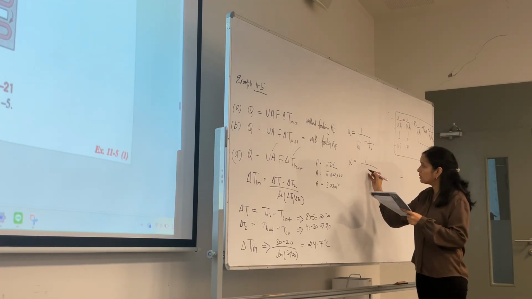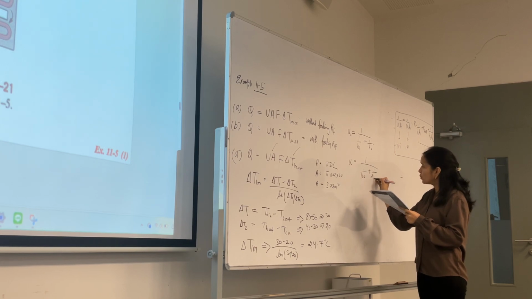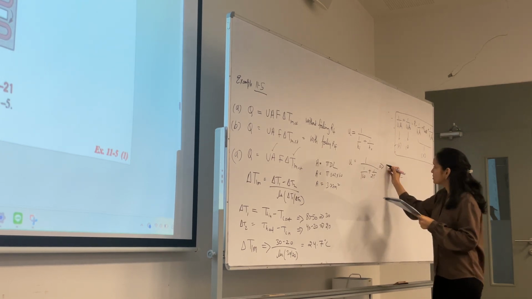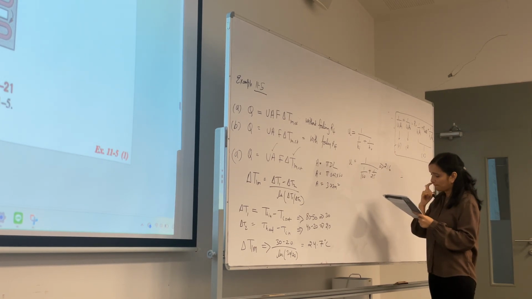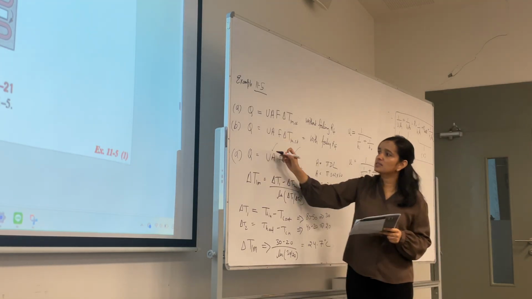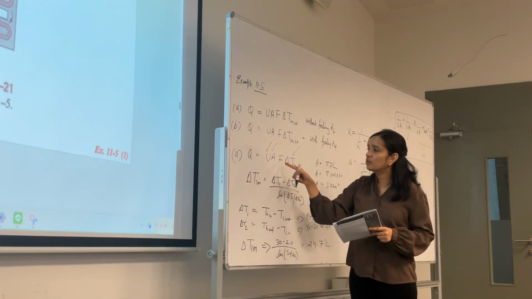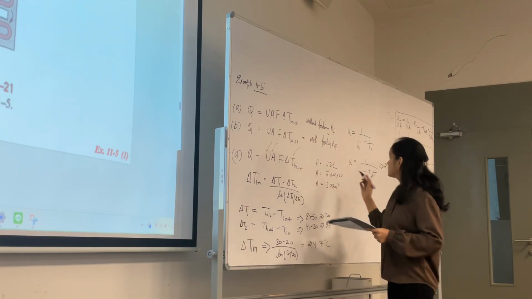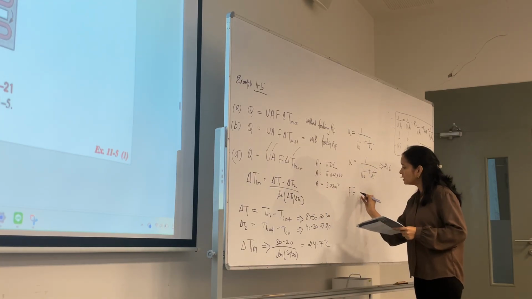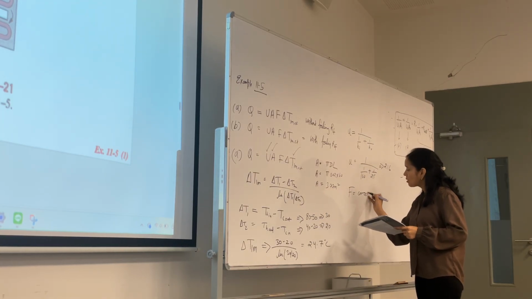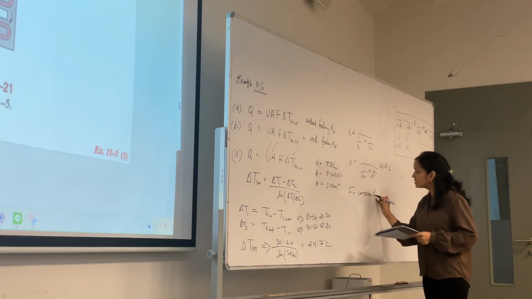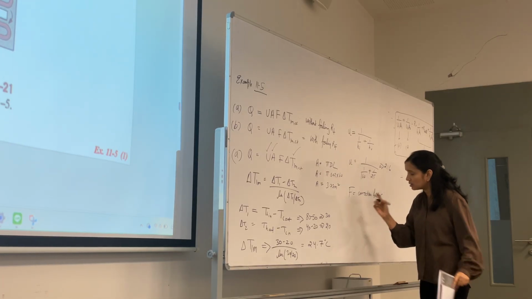So this will become 1 divided by 160 plus 1 divided by 25 equals 21.6. So now we have this value as well. We have to calculate this now. F. F is correction factor, and this we calculate from graphs.